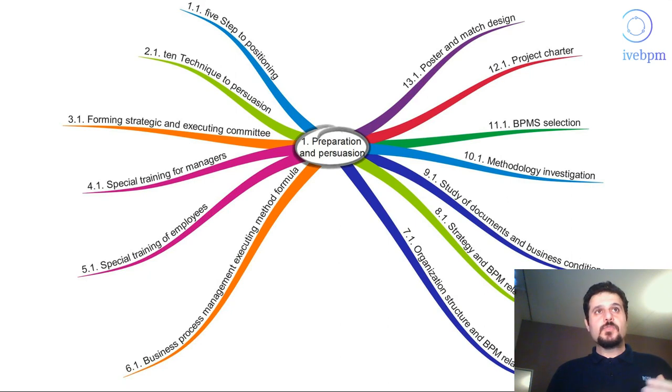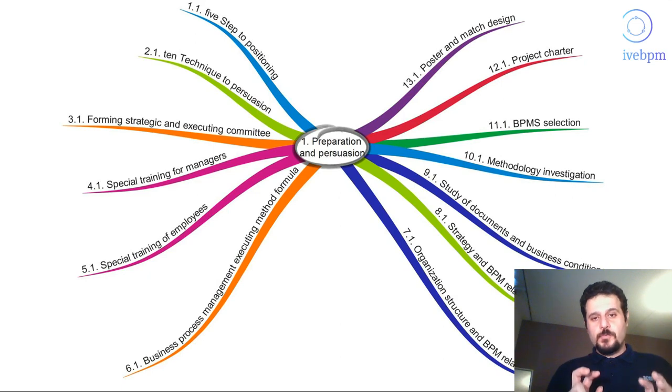We need a steering committee to make decisions. We need an executive committee because there are coordinators, representatives of each functional unit, and we train them.